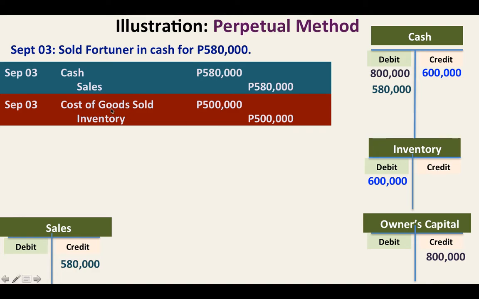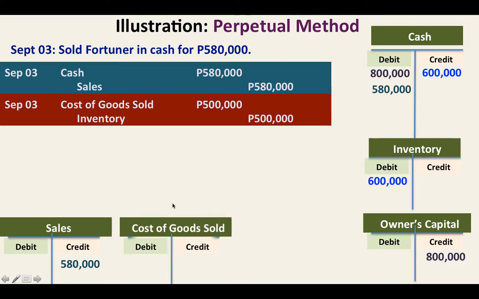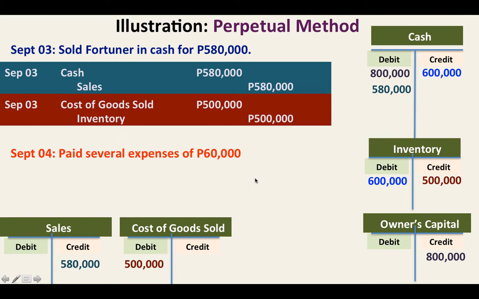So we will debit cost of goods sold and credit inventory. We post that 500,000 debit to cost of goods sold and credit inventory 500,000, meaning we are crediting inventory because it's no longer available for sale. It's already sold.